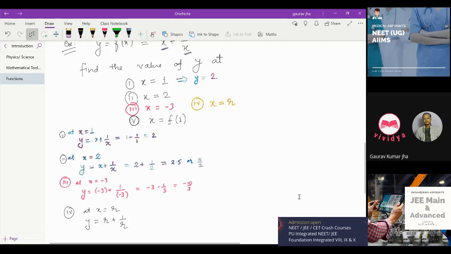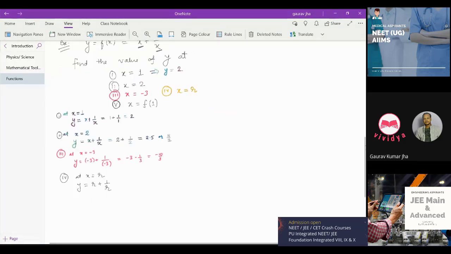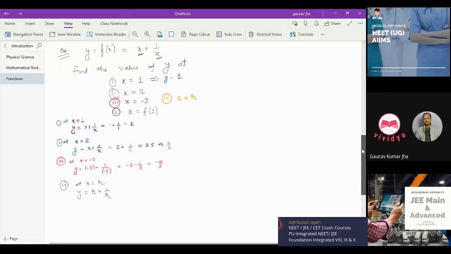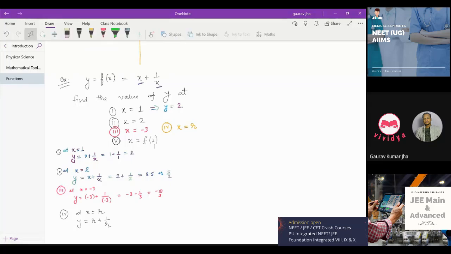Let me give you a better view of what I mean by f of 1. Now this is a notation. You have to understand the meaning of this notation. It's a code word, but pretty easy, not difficult.